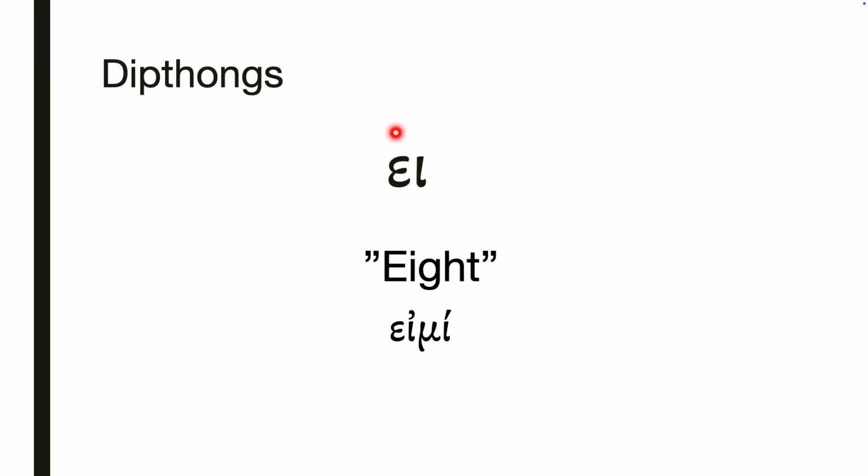The combination of epsilon and iota makes an A sound, as in the English ate or Greek a me. A as in ate or a me. The combination of omicron and iota makes an oi sound, as in the English oil and the Greek oinos.